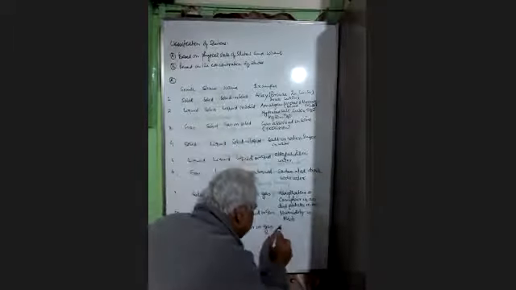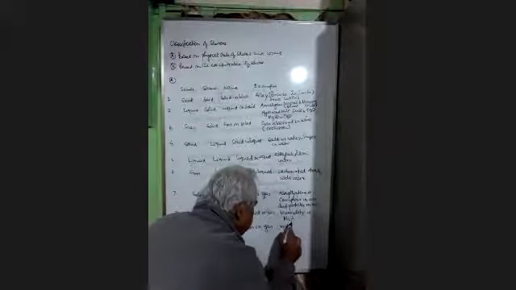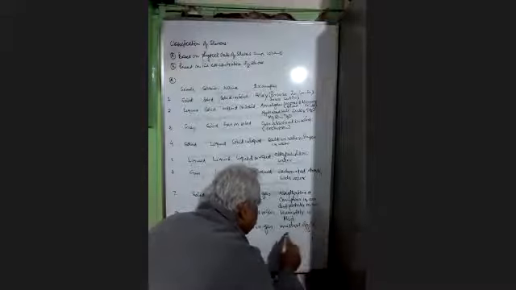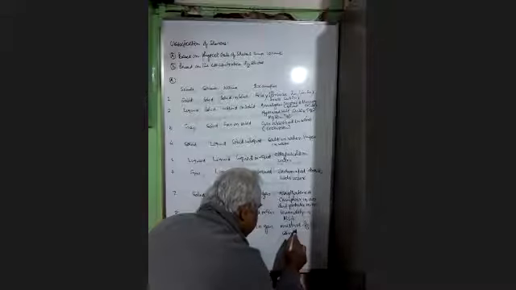So we can write here a mixture of oxygen and nitrogen, or what we can call it.